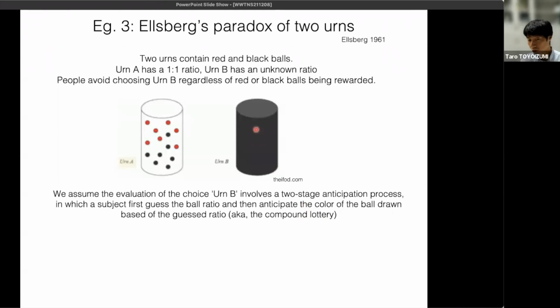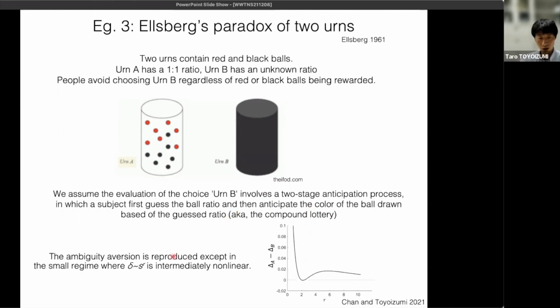First, assume the ratio and then anticipate the color based on that assumption. And once you formulate the problem in that way, it's straightforward to calculate the value function. You can just compute it, and this ambiguity aversion is reproduced except in the small parameter regime around the power exponent 2.